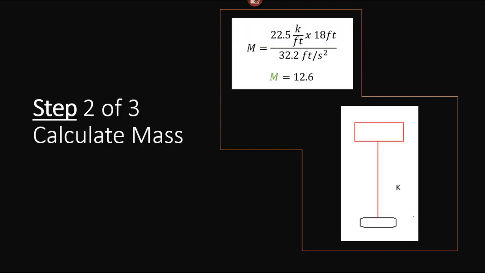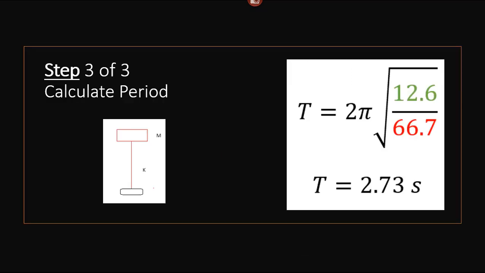Step number 2 is we calculate the mass of the structure. Mass is basically weight divided by the acceleration due to gravity, and that turns out to be 12.6. We use those two quantities to plug into this time period equation that I had shown earlier, and we calculate the time period to be 2.73 seconds.